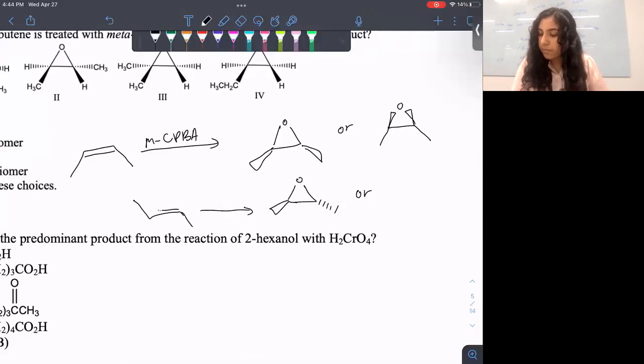For the bottom one, you can write it like this. So instead of having a cis epoxide, or cis bonds to the epoxide, you would draw it like this, where the bonds are trans to each other. And I think this is just so atrocious because just visualizing it is so hard.